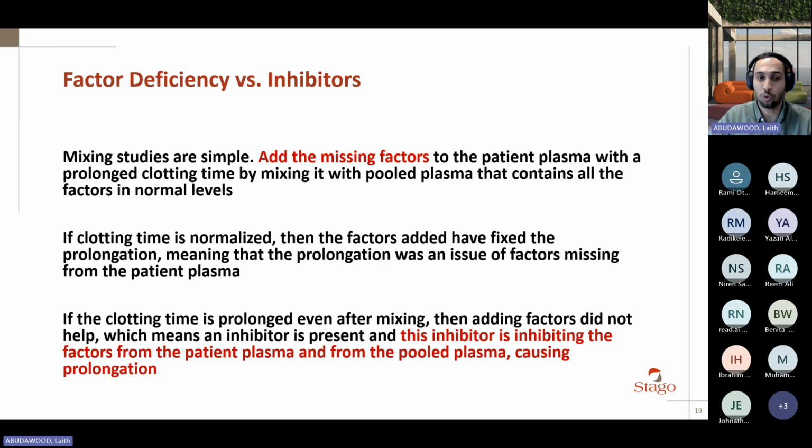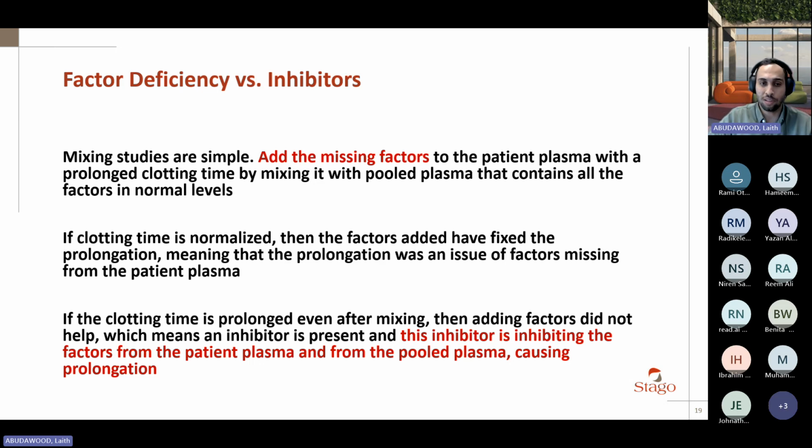We call this non-correction. So when your mixing study is non-corrected, you suspect an inhibitor. Now, how do I know what type of inhibitor that is? You cannot really know just by looking at the mixing study results. You just know that there's an inhibitor. But what is the type of inhibitor? You will not really know from the mixing study. You have to do further investigation.